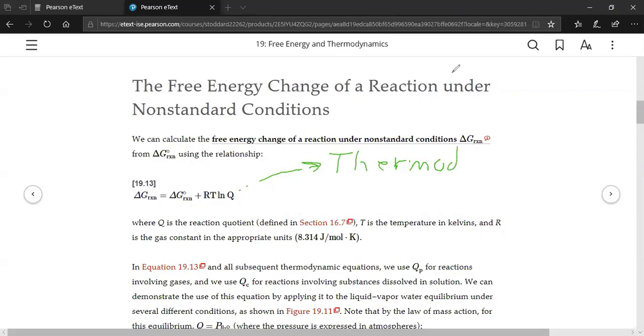Sorry, I have to write so slow. And the thermodynamic reaction quotient is defined a little differently.